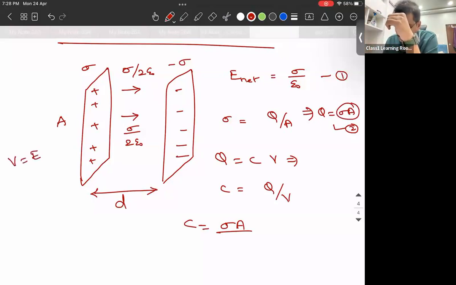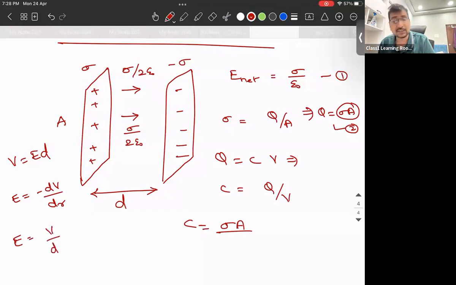can I write it as E into D, because we know that electric field is equal to minus dV by dr. Here I'm ignoring the value of D because in a capacitor, the plates are very, very close to each other and the field is uniform. So E, I can take it as V divided by the distance of separation between them, and I'm ignoring the minus sign because I already know the direction in which the field is present.